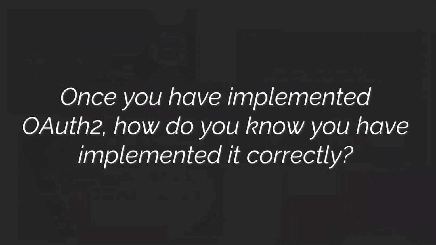So how do you know if you have implemented OAuth correctly, right? When you typically choose OAuth, which is a perfect choice, what you typically do, I guess, is you buy some library or you use some open source library, right? So they implemented OAuth, you integrate it in your system, and you just assume that everything works correctly, right?